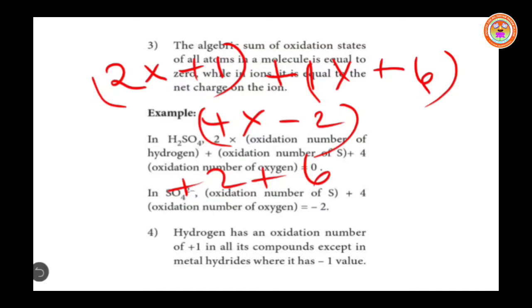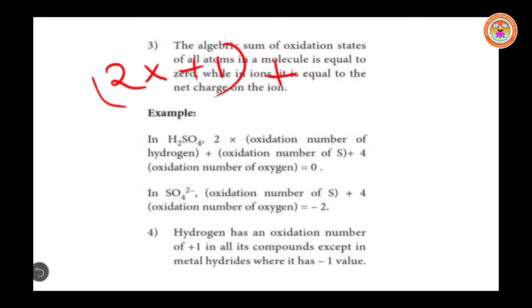Here we have to sum up: plus 2 plus 6 is plus 8, then minus 8, which is equal to 0. Did you understand? The algebraic sum of oxidation states of all atoms in a molecule is equal to 0.